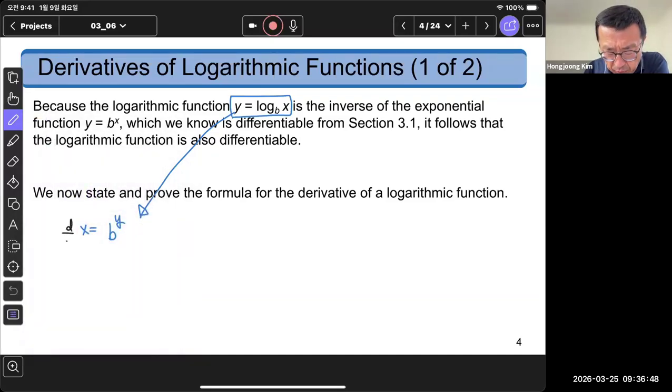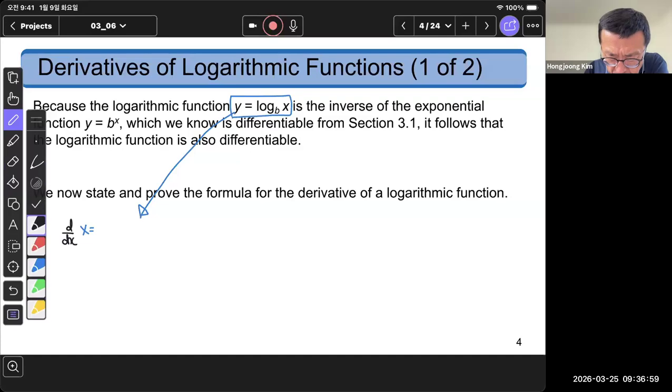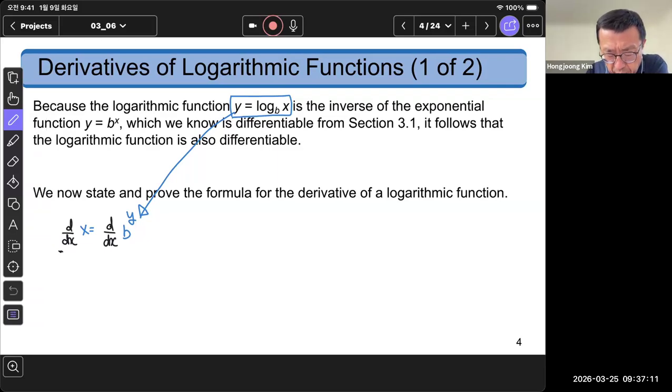I mean, what if I consider the derivative of this? So when I differentiate x with respect to x, you get 1.